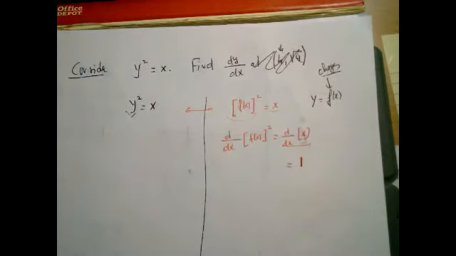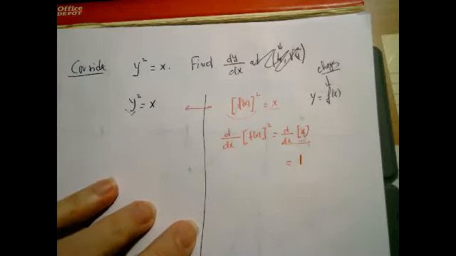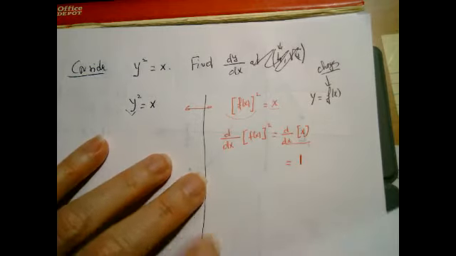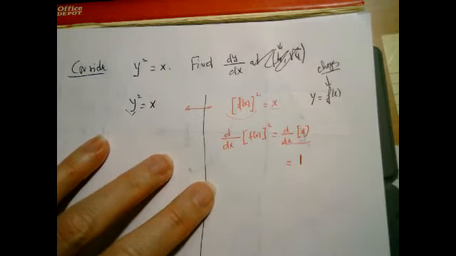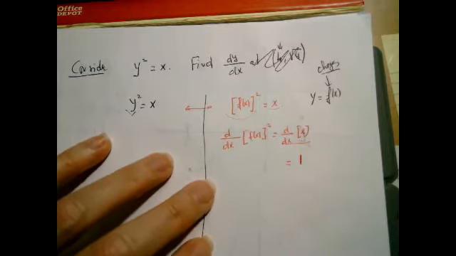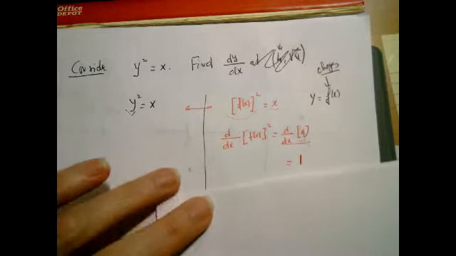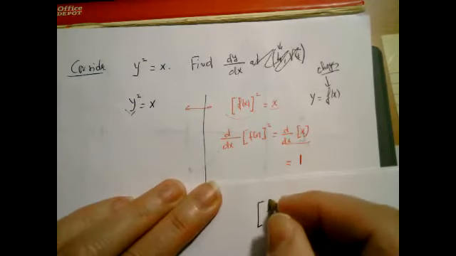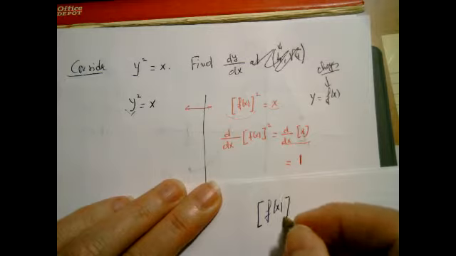I'm asking you the question now. What's the derivative of f of x squared? What I have here, if you think about it, is the chain rule. What do I mean by chain rule? I need the derivative of f of x squared.